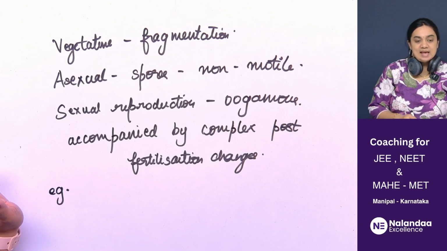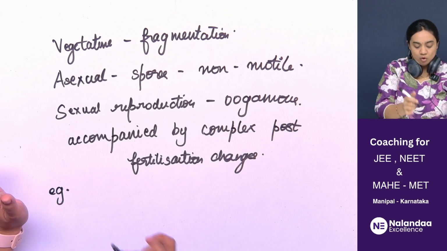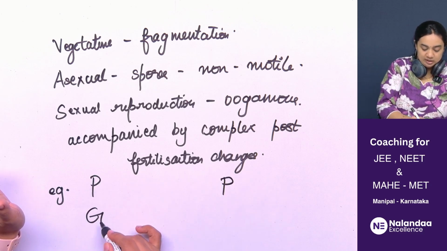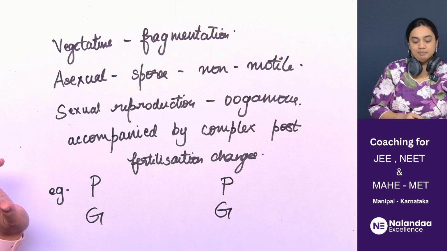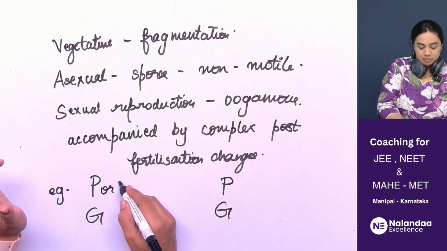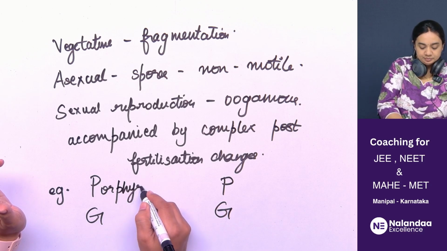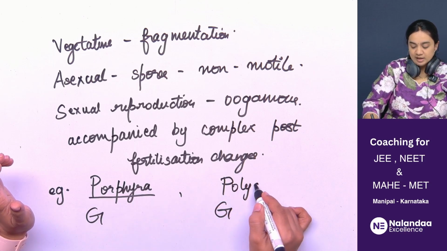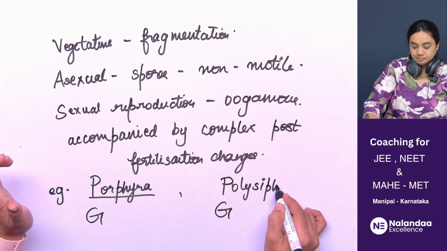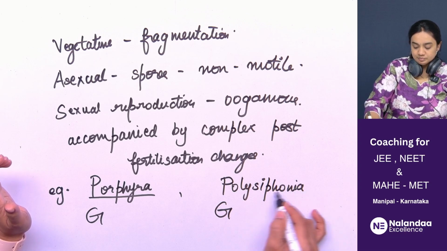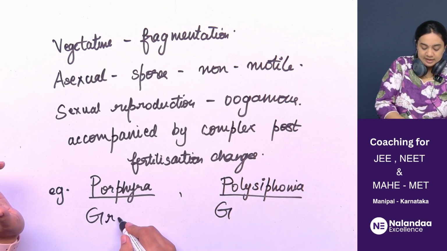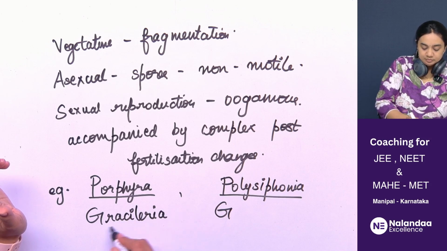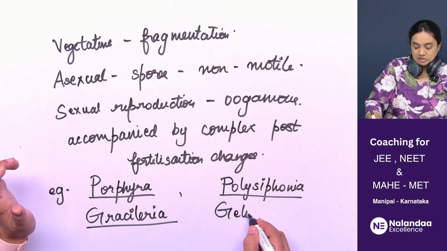Then examples, remember 4, P, P, G and G. Porphyra, Polysiphonia, then Gracilaria and Gelidium.